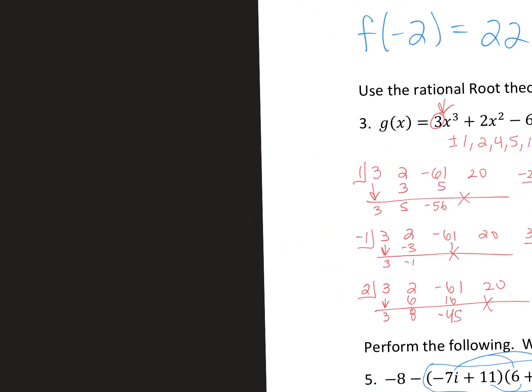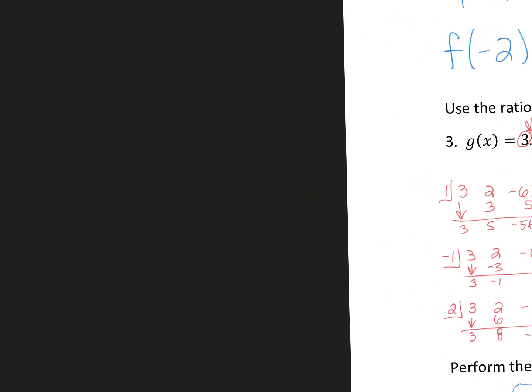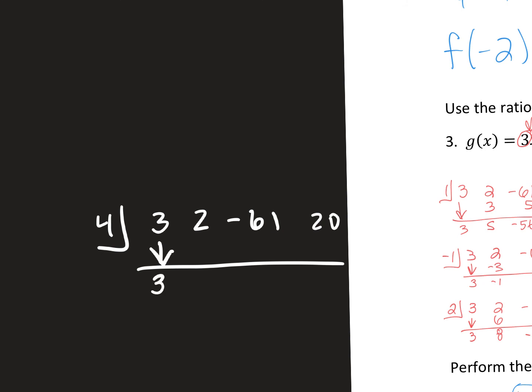All right, let's come over here. Okay, scoot on over here, guys, and let's try 4. So my coefficients are 3, 2, negative 61, and 20. So bring down the 3. 3 times 4 is 12. 12 plus 2 is 14. 14 times 4 is 56.